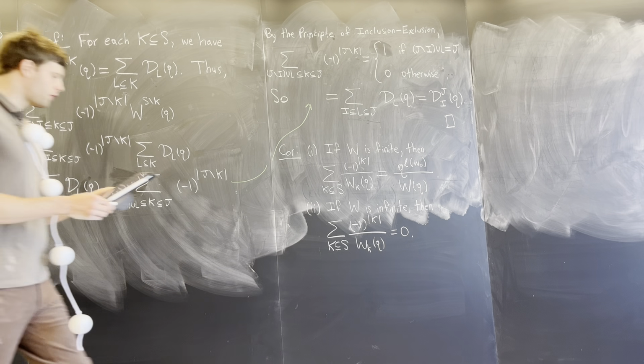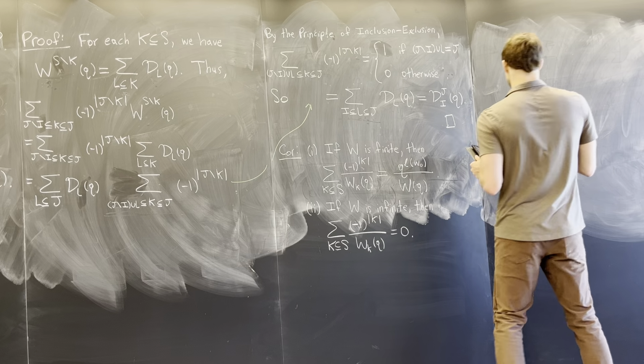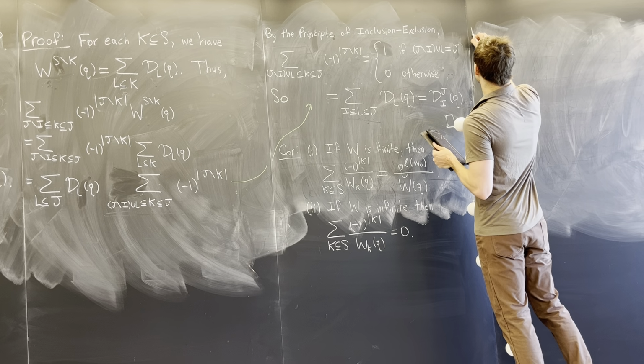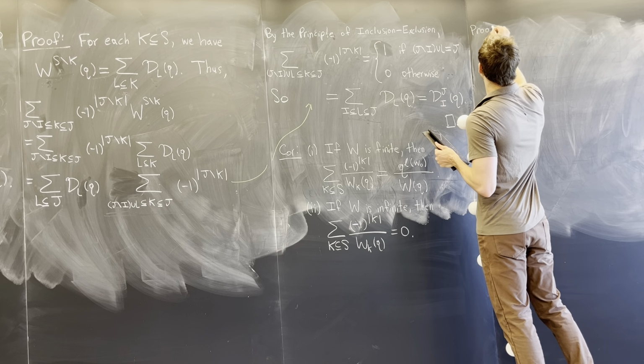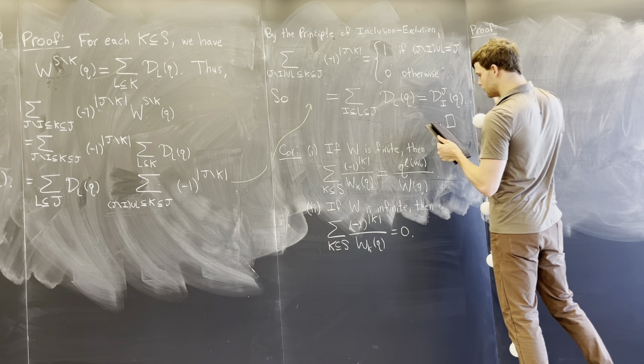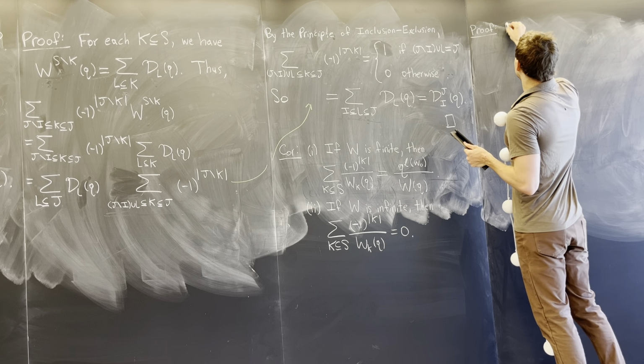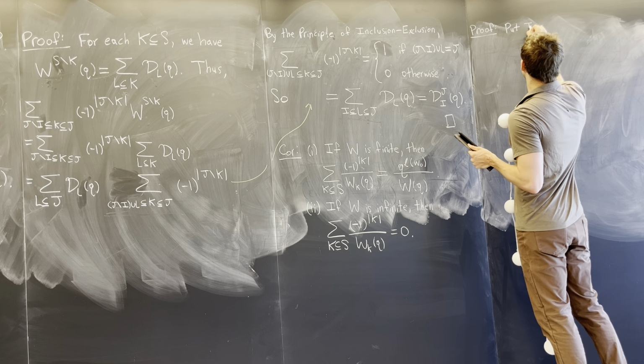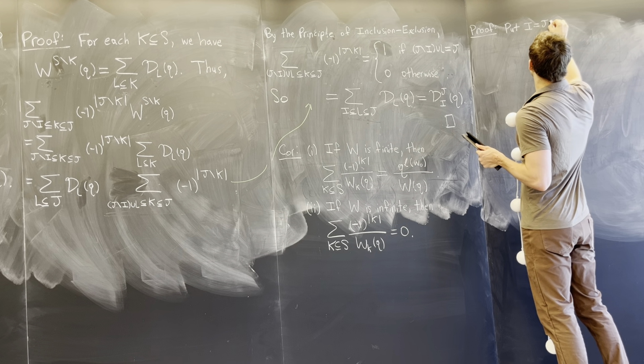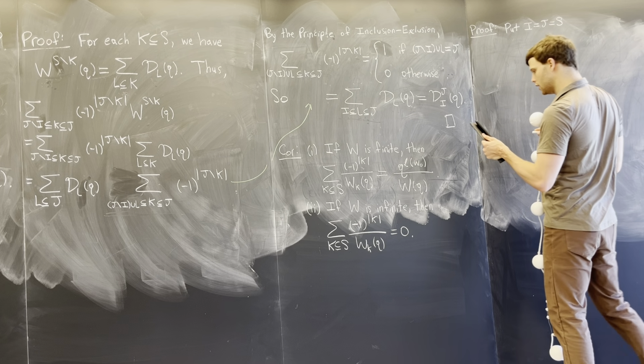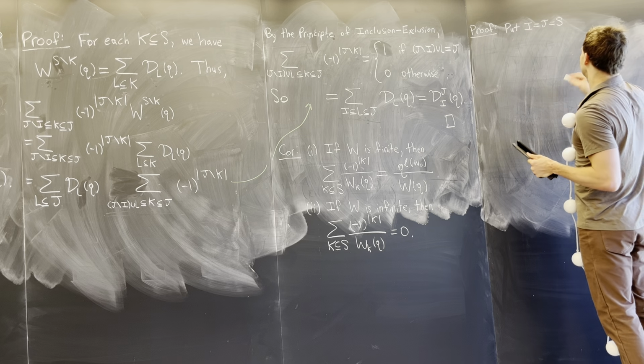Okay, so here's the proof of this. So let's just put I equals J equals S in the proposition that I just proved.